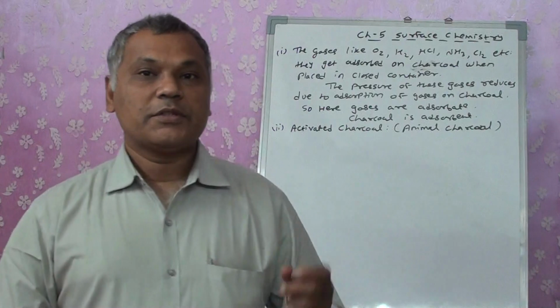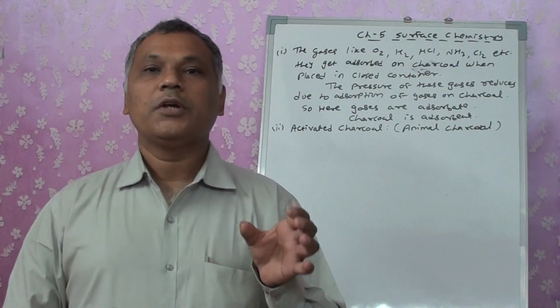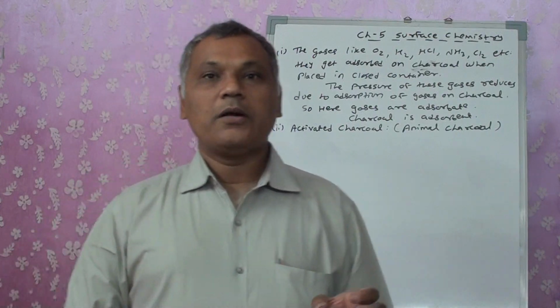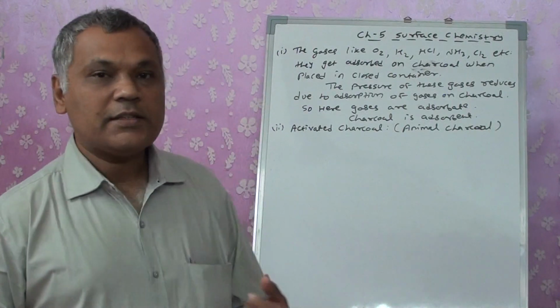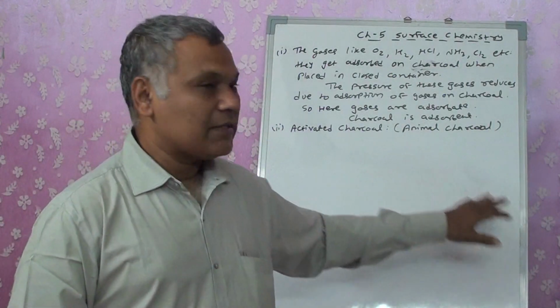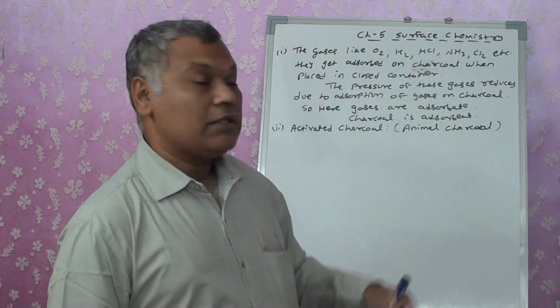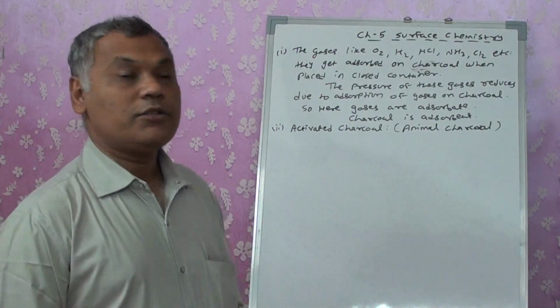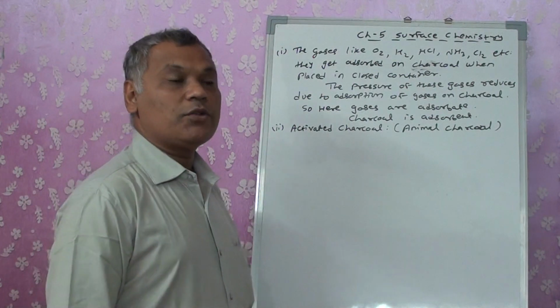At that time what happens? That Asthi that is being taken is nothing else but the bones, unburned bones or not completely converted into ashes. When such bones are there, they are considered to be activated charcoals, right? Or these are going to work as an adsorbent.